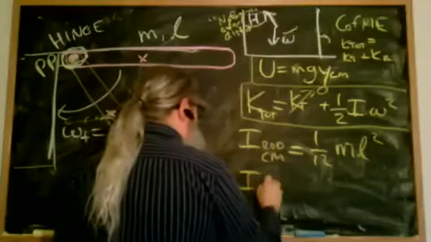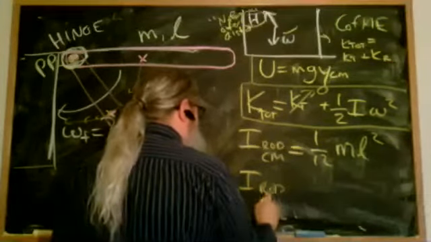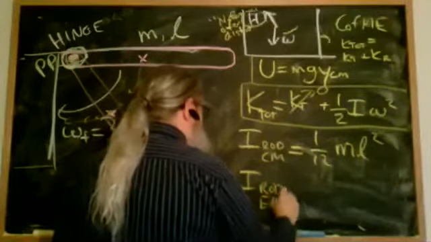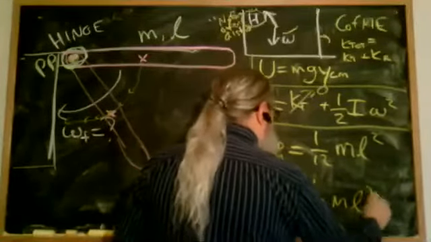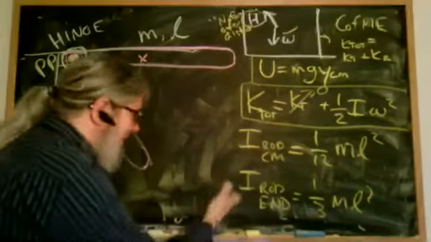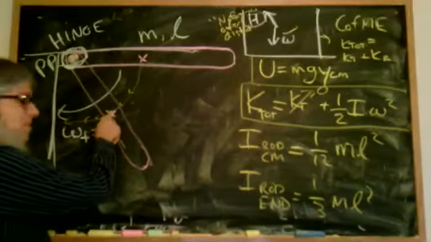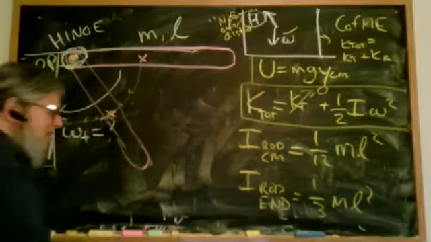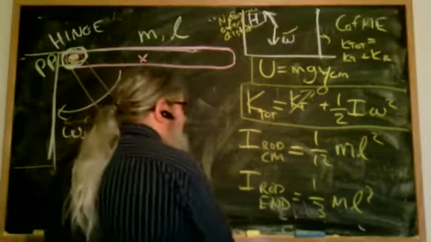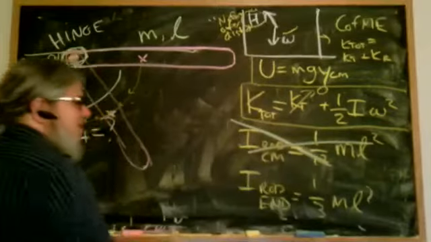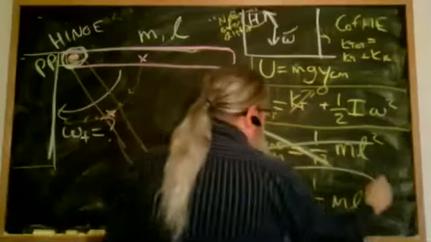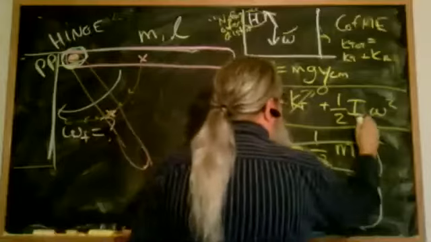But the rotational inertia of a rod rotating about one end is 1/3 m L squared. You get a different answer depending on whether you choose this as the point of rotation or this as the point of rotation. So what we're going to do is choose the end of the rod as the point of rotation, which means this is the equation we want to put in here.